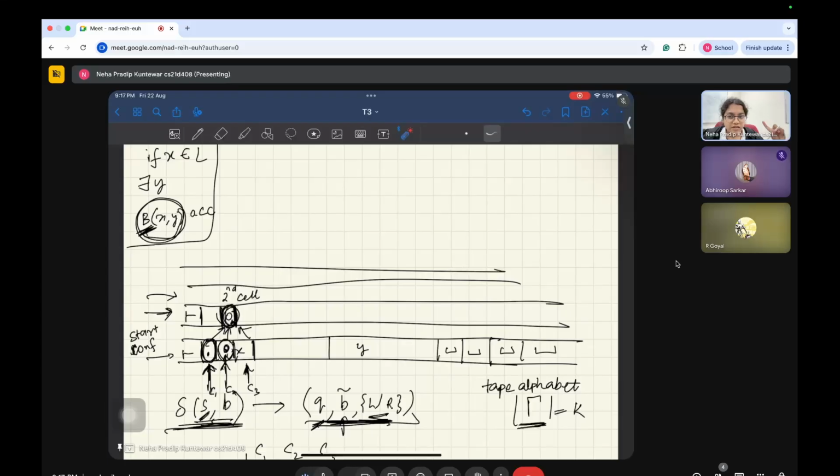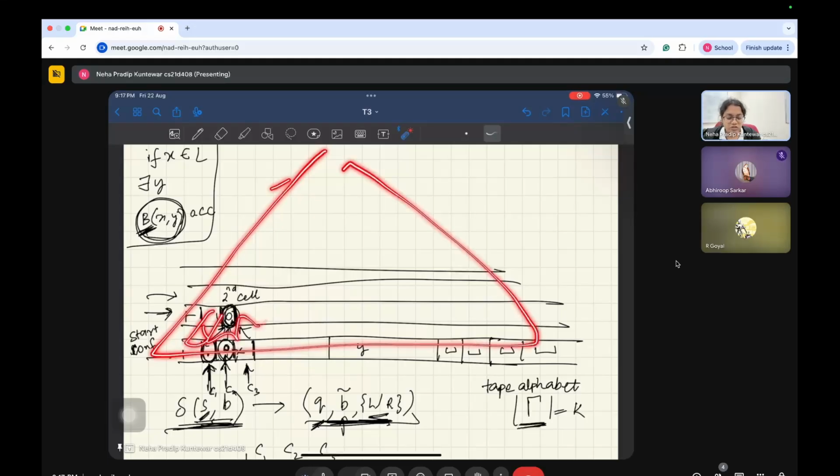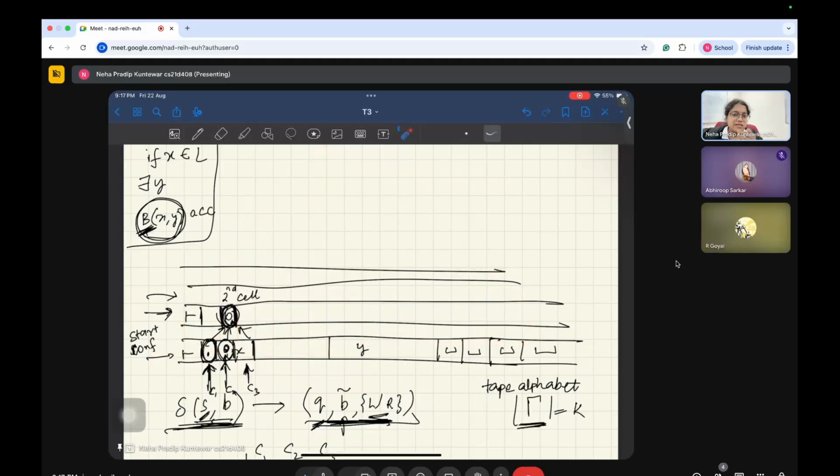So at the end, if B accepts, then you make sure that my whole circuit, which consists of all these small sub-circuits inside, outputs a 1, and if it rejects, then it says 0. So this is the idea behind the Cook-Levin reduction.